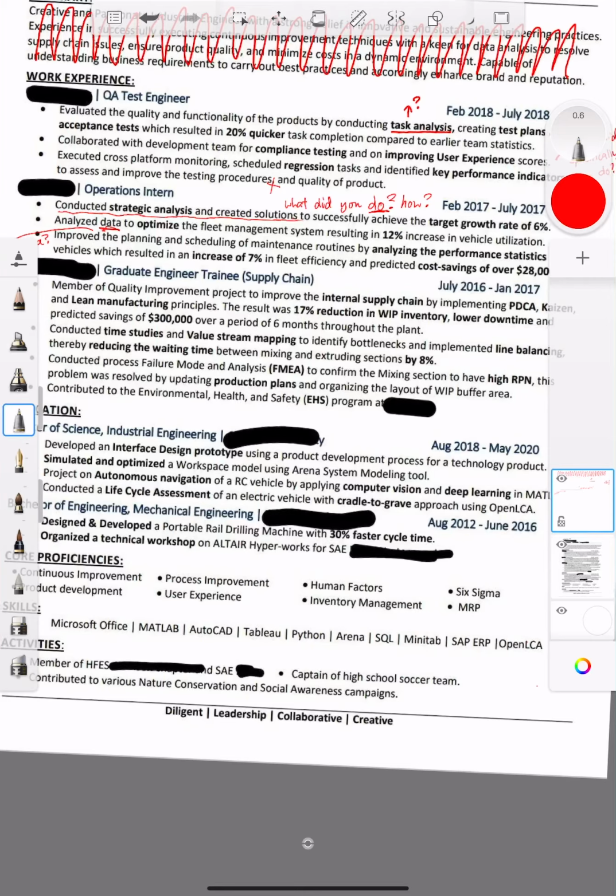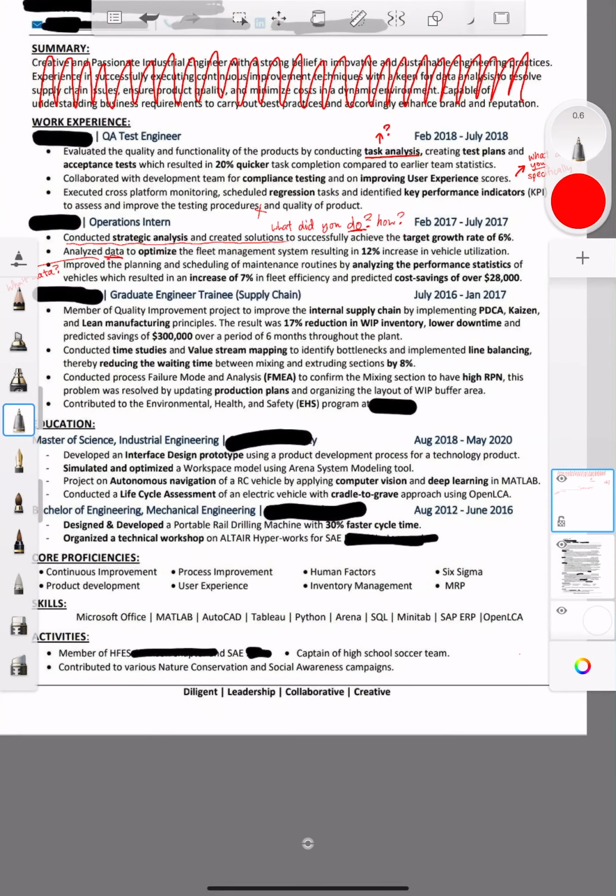Okay, let's move on. Improved the planning and scheduling of maintenance routines by analyzing the performance statistics of vehicles, which resulted in an increase of 7% in fleet efficiency and predicted cost savings of over $28,000. Again, this is awesome that they're putting in quantitative numbers because I love it. And it gives me solid numbers to grasp on, but everything else seems so generic.